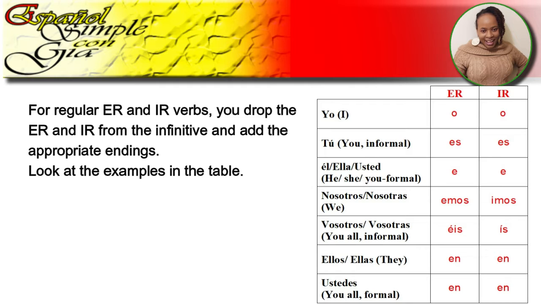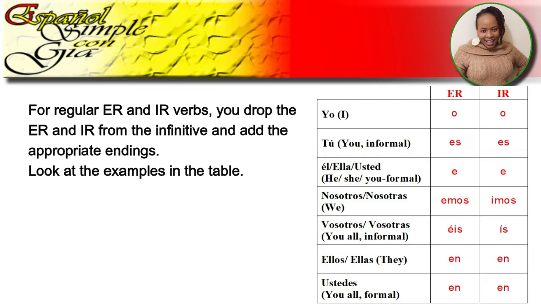For nosotros or nosotras, if it's an ER verb, you add EMOS, and if it's an IR verb, you add IMOS. For vosotros and vosotras, for the ER verb, you add EIS, and for the IR verb, you add IS.